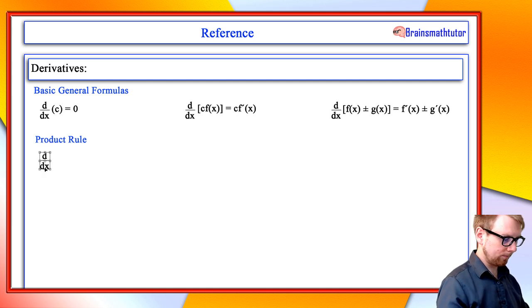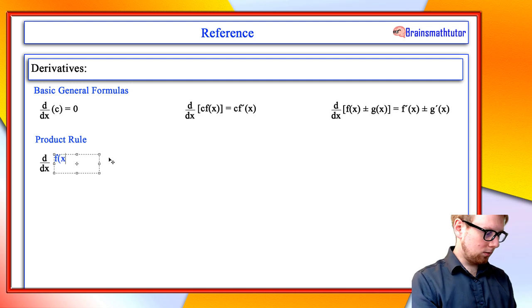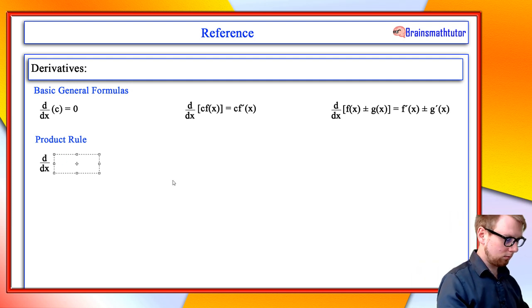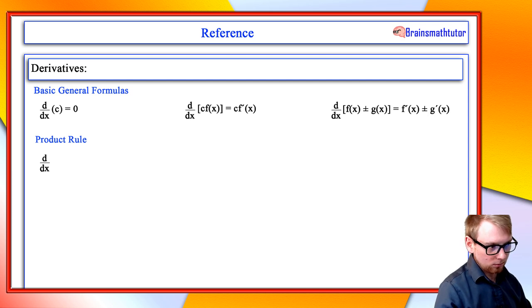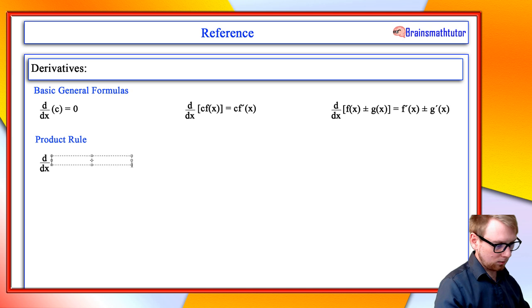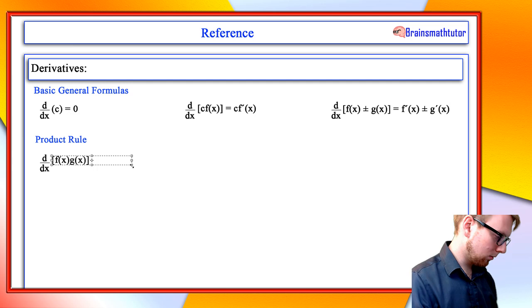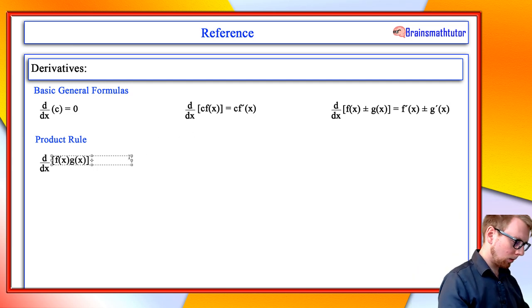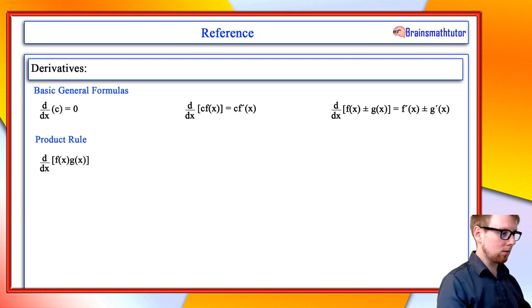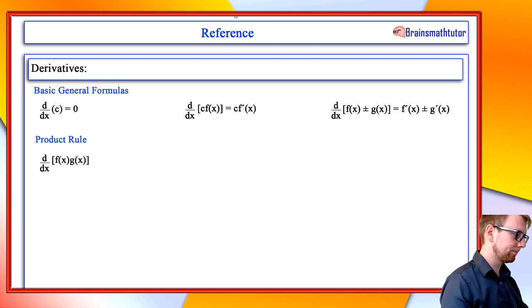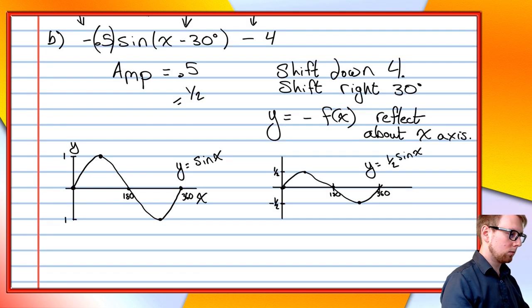Down a bit. Product rule of f of x. L1 is x. Okay, bud. Just quickly save the. Okay.